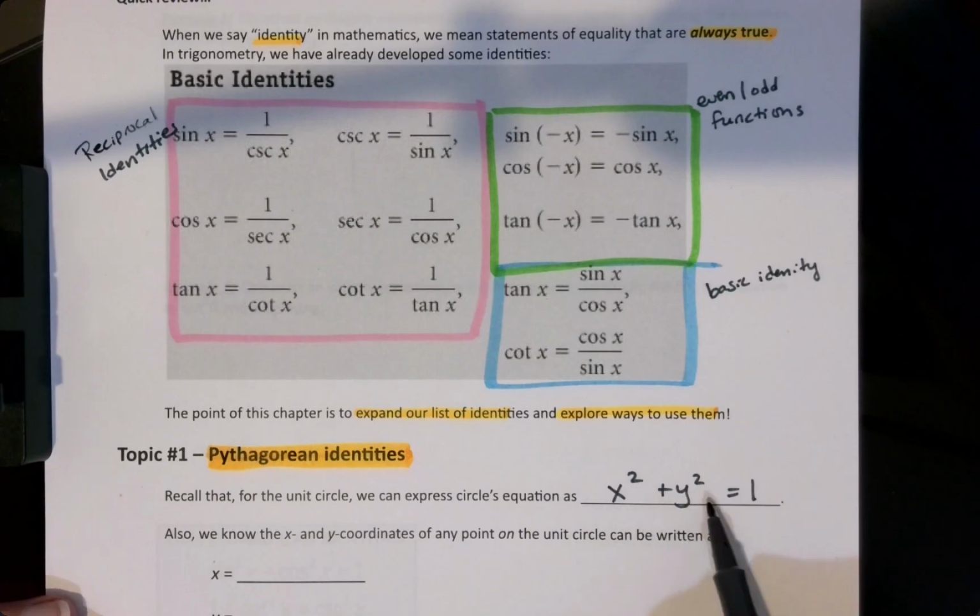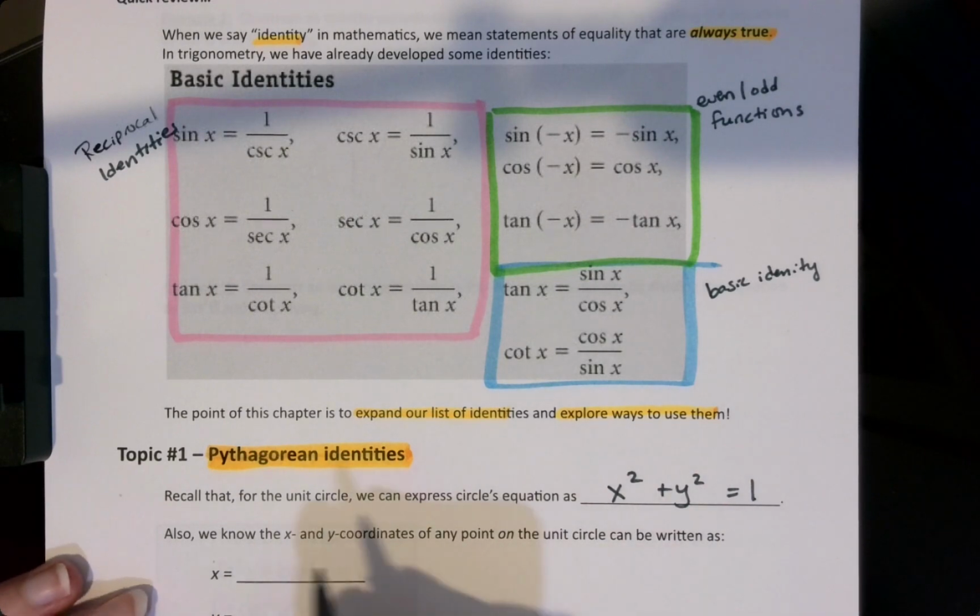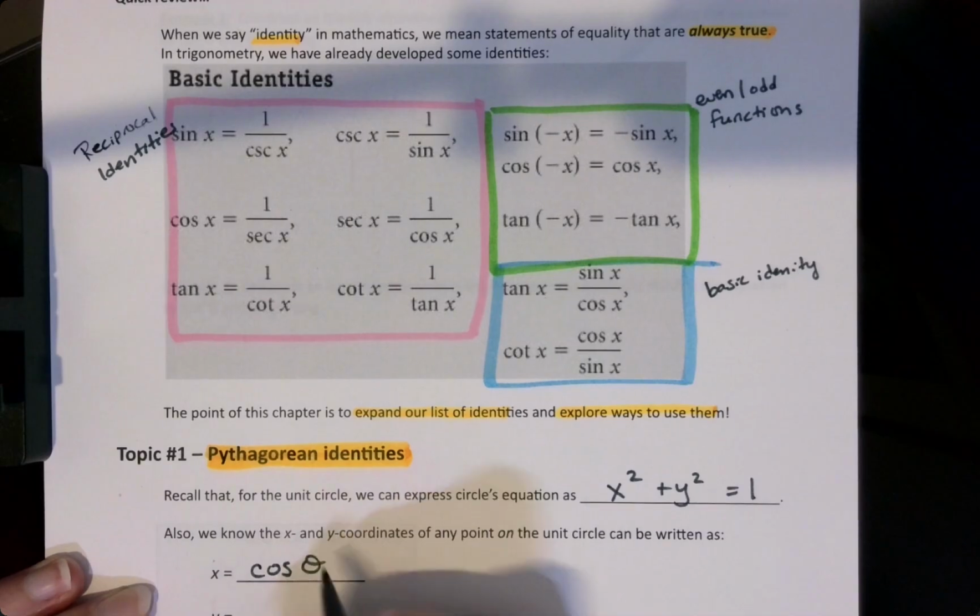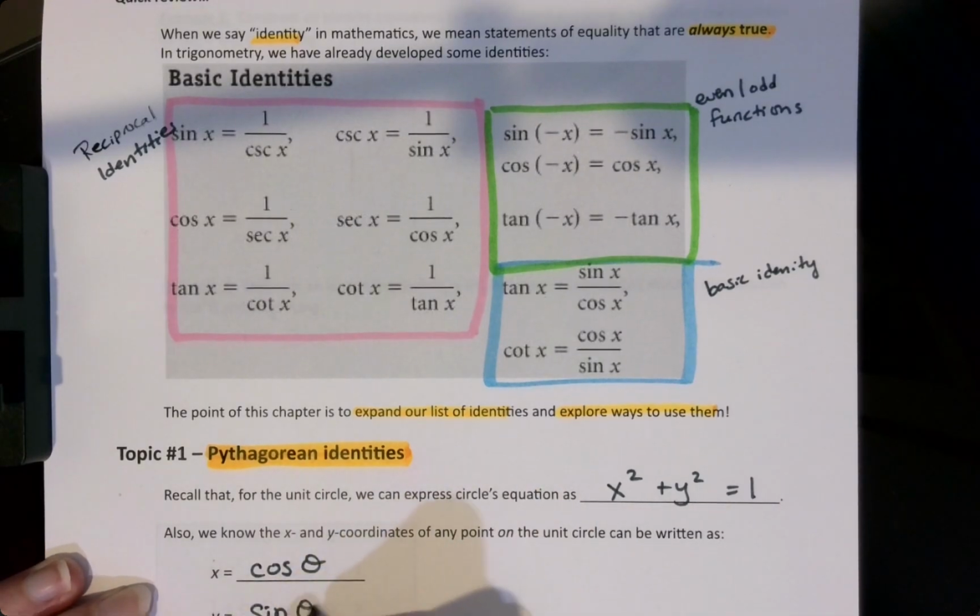We also know that the x and y coordinates on the unit circle can be written as x equals cosine of some angle theta, and y equals sine of that same angle theta. So putting these 3 statements together, we can find a new identity.